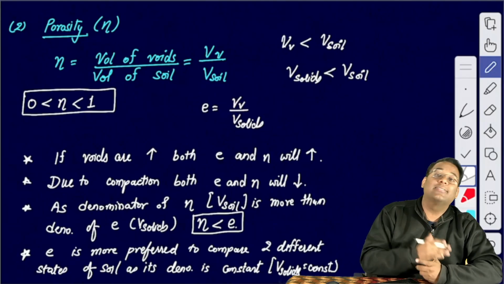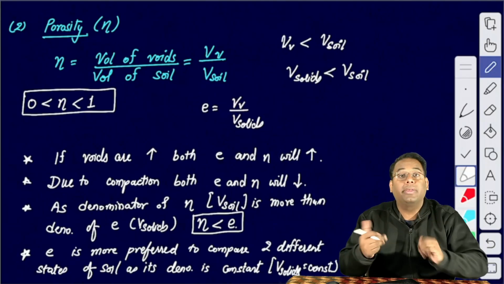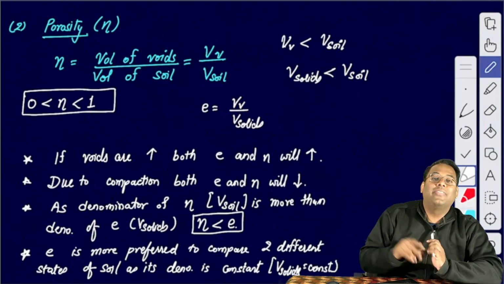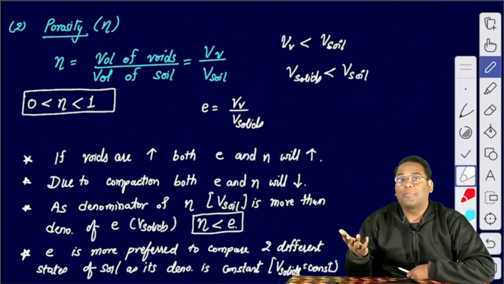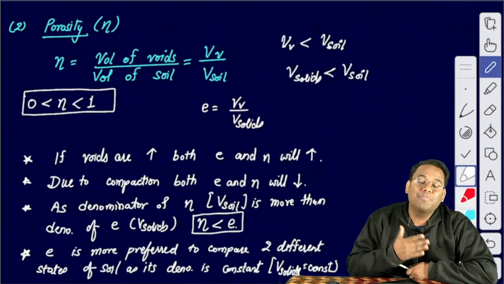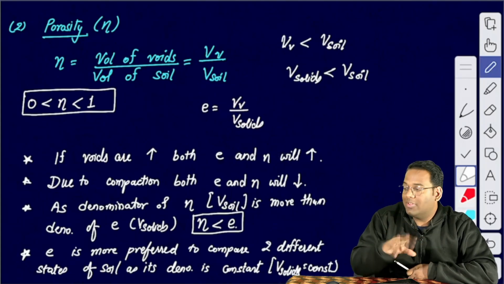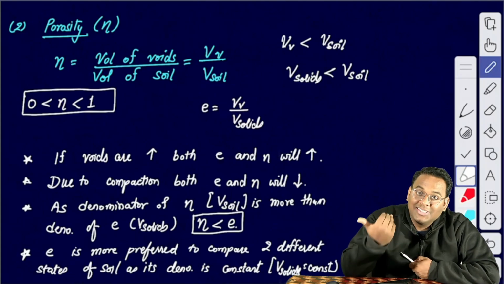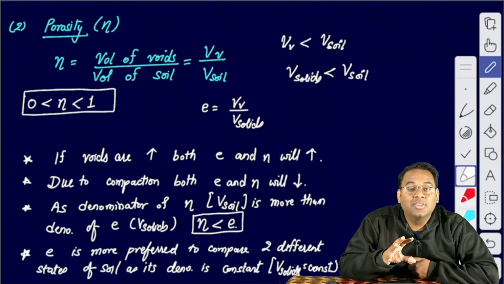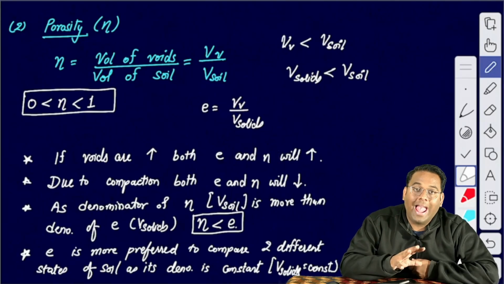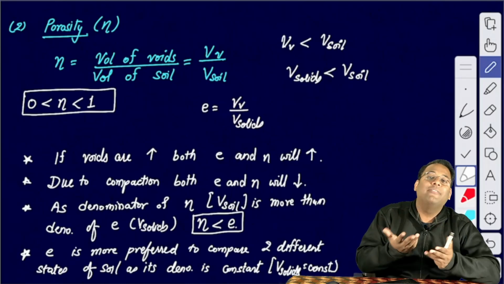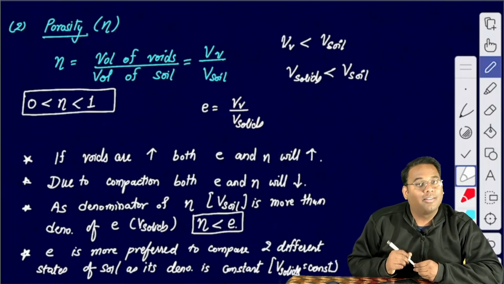why e is more preferred, and even in the upcoming chapters you will see that we will always compare the variation of another property of the soil with respect to the void ratio, not with respect to the porosity. In every upcoming chapter we will use void ratio more as compared to porosity, and that is the reason why we always use void ratio.